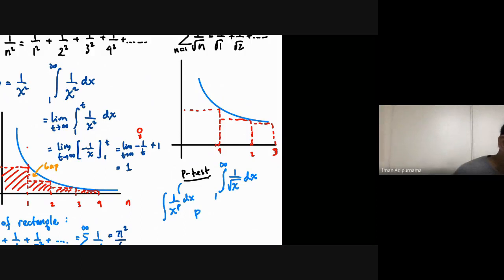So when p is less than or equal to 1, the conclusion will be divergent, right? Divergence.